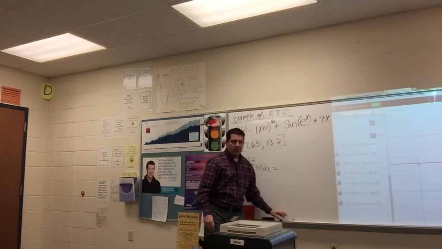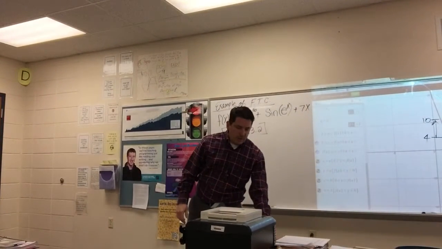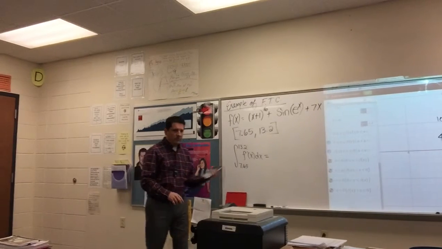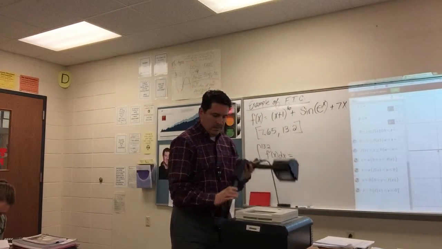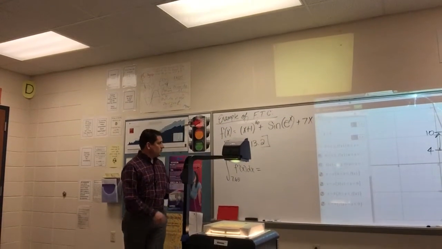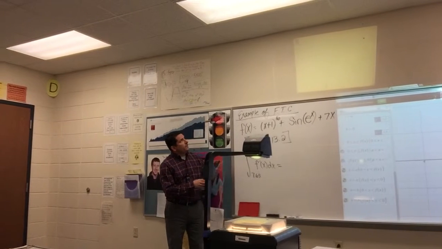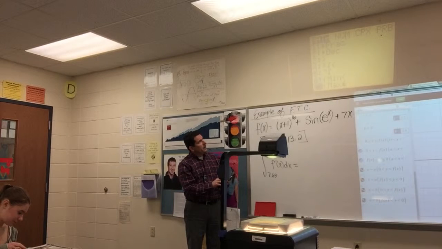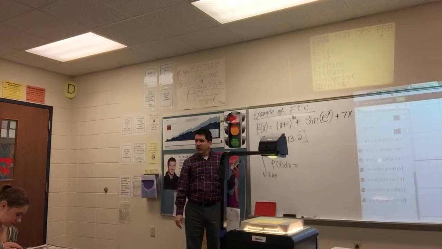Now I'm going to show you something really cool. You don't have to use your calculator in the graphing form to do this. Watch this. At this, have a clear screen. Press the math key and go down to FNINT.